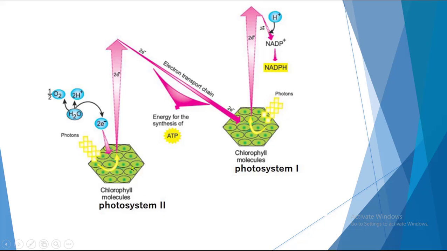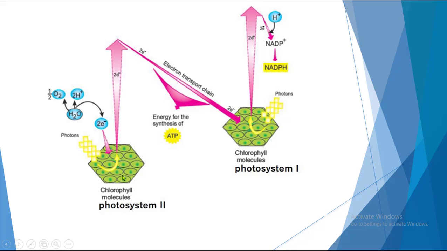So what are the photosynthetic pigments? You may think you can take chlorophyll as the only photosynthetic pigment, but there are many photosynthetic pigments. The major photosynthetic pigments are chlorophyll A, chlorophyll B and carotenoids.